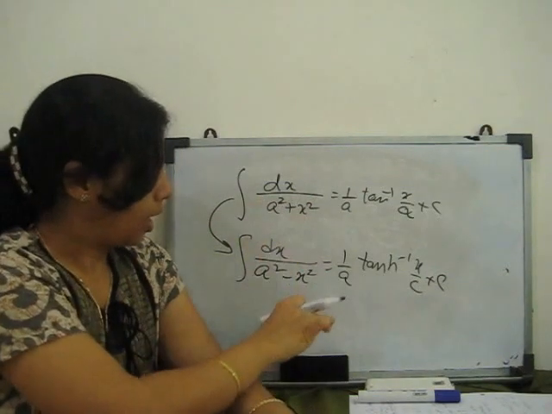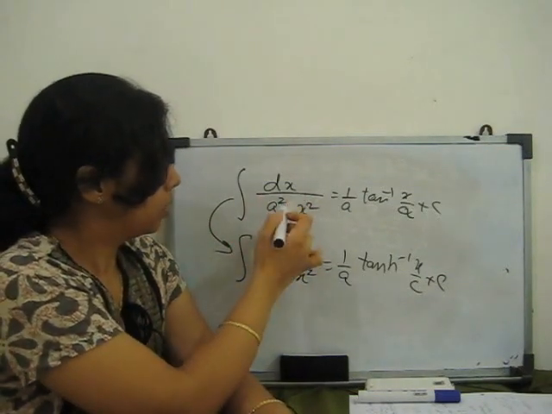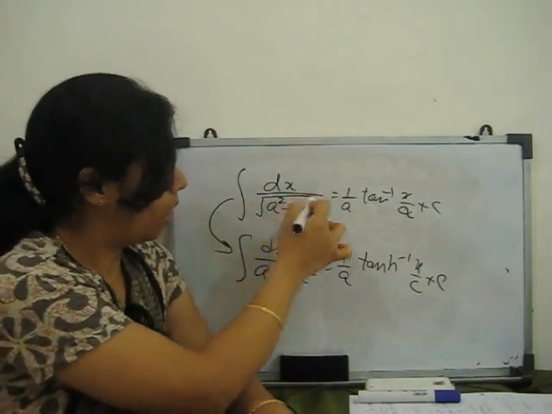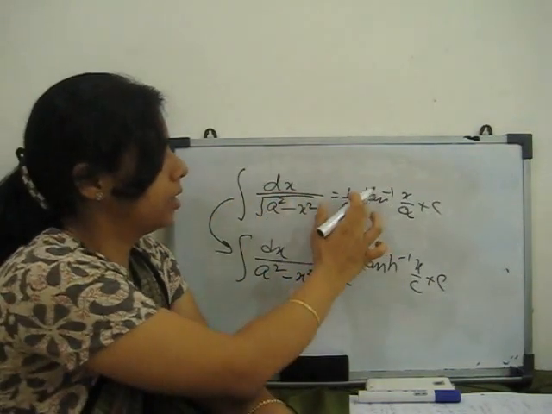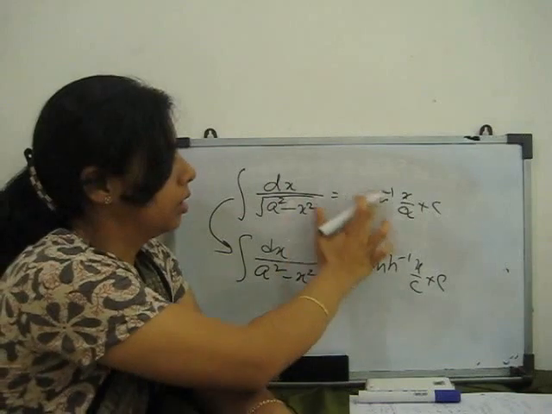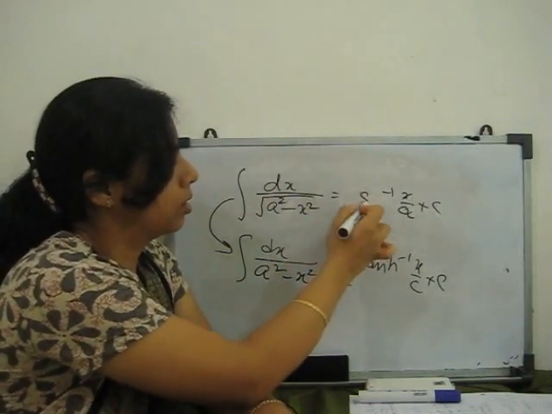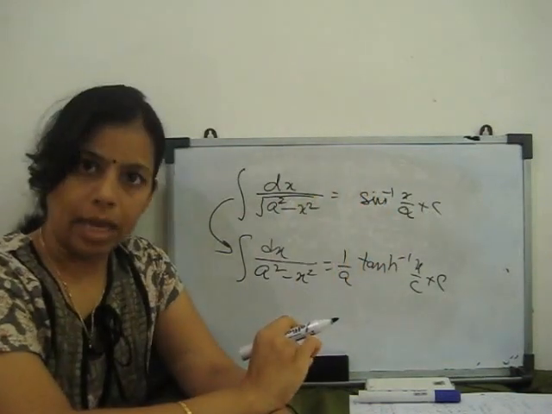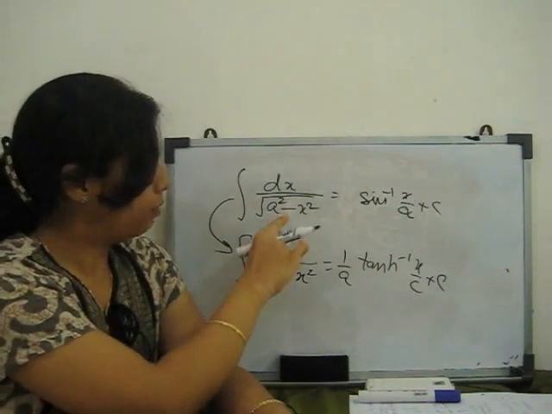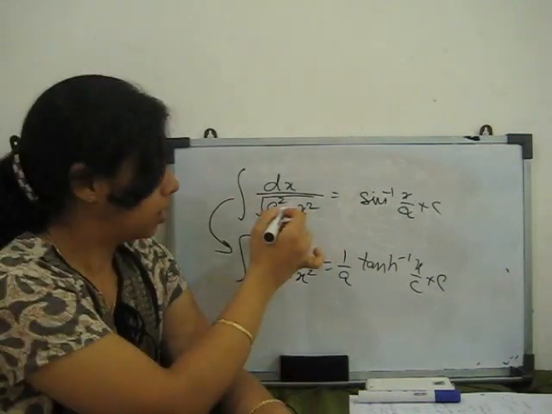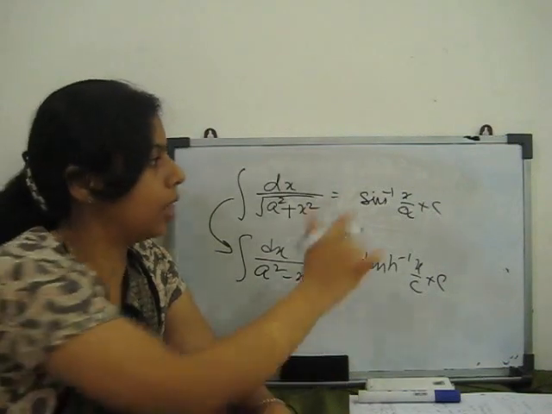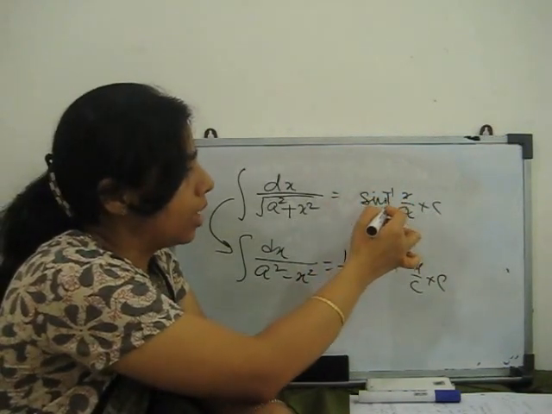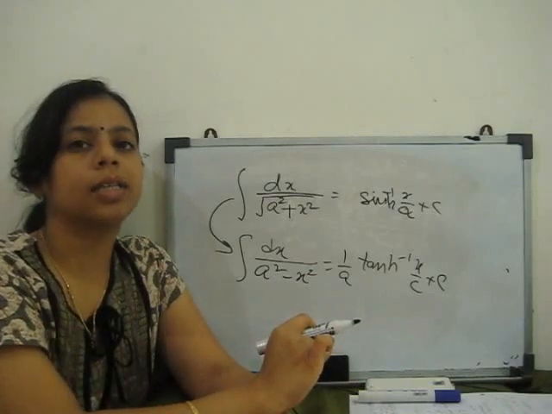Similarly, if we have dx of under root of a square minus x square, then this is sine inverse x by a. But if this is plus, dx by under root of a square plus x square, then this gives sine hyperbolic inverse x by a.